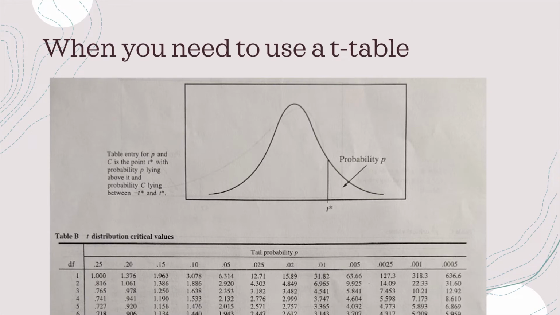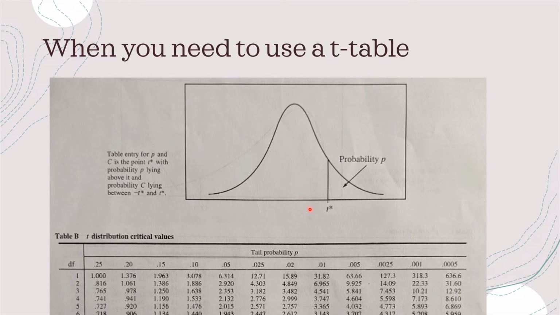Now, using your t-table, if you look in your packet with your tables and your formulas, if you look at table B, okay, so table B is your t distribution, and it says on it t distribution. So go past the z ones that we've been using, table A, go to table B, and you'll see what you have down here is your tail probability, so how much you want in this section.